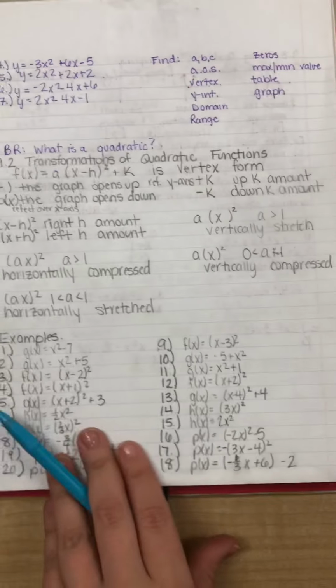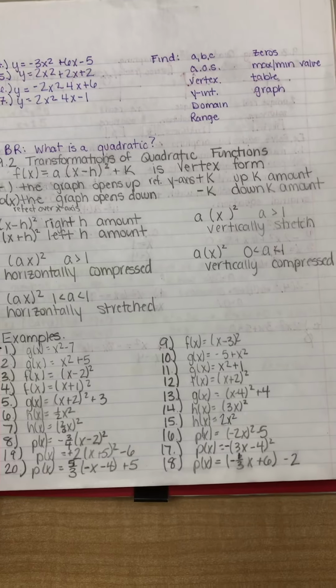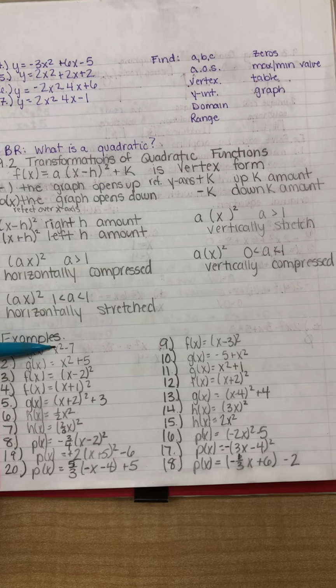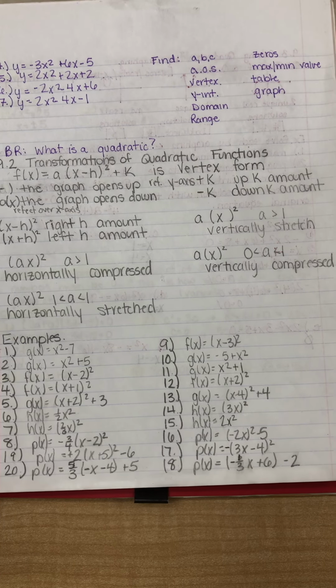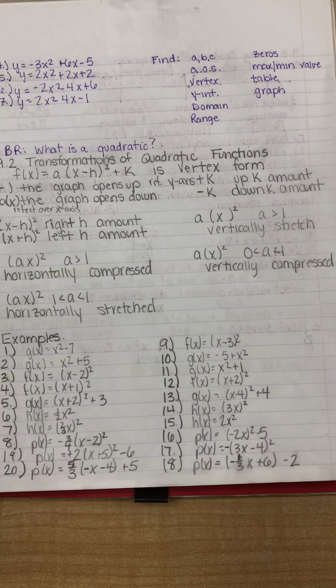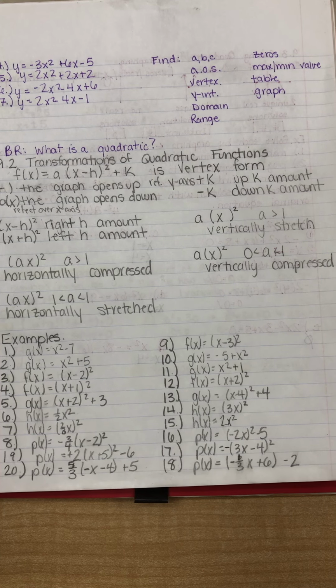Okay, so number 1, this one is just up 7 because that 7 is on the outside, no parentheses. 2, down 7, I'm sorry, 2 is up 5. 3 is right 2. 4 is left 1. 5 has 2 transformations. It is left 2 and up 3.